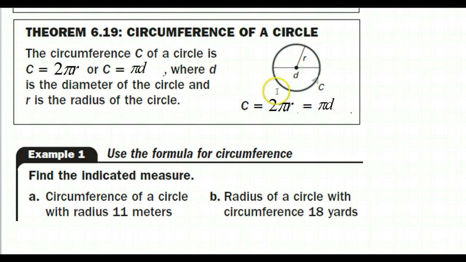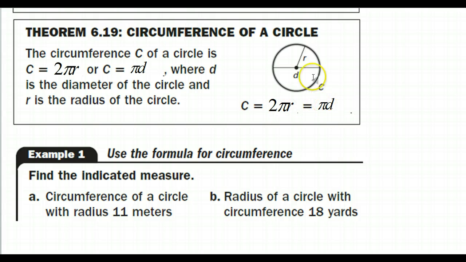Formulas. It turns out that if you know the radius of a circle, you can find the circumference. It's going to be 2 pi r, 2 times pi times the radius. Of course, pi is about 3.14, but it's better to use pi itself. It will be on your calculator, so just use pi instead of rounding so much.